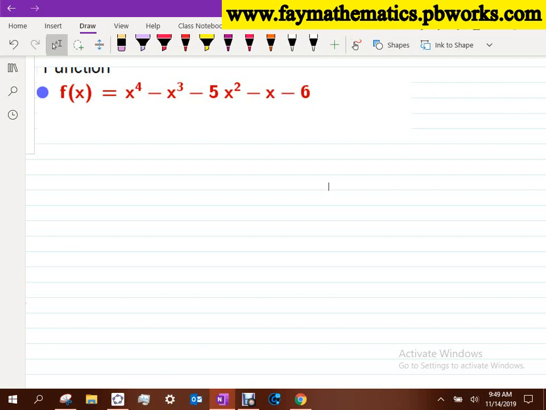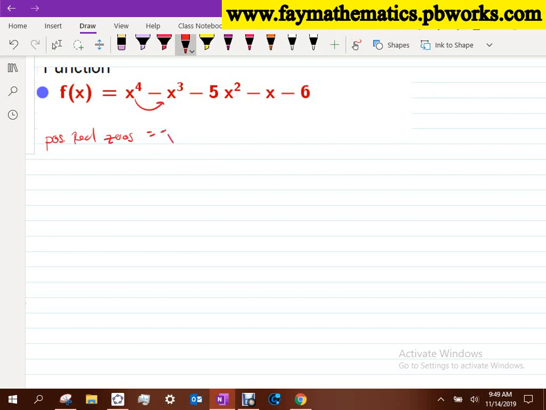So look at this one. Let's go with the rule of signs here real quick. Okay? So positive real zeros. There's only one sign change, right? Okay.